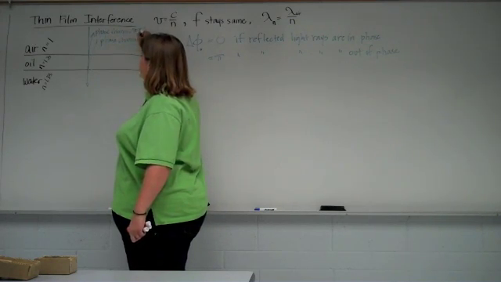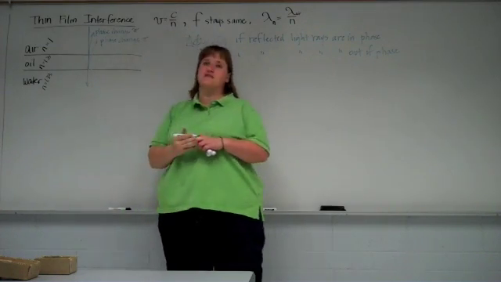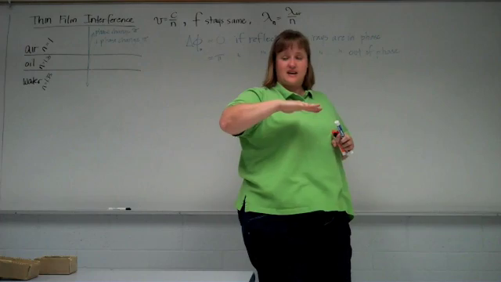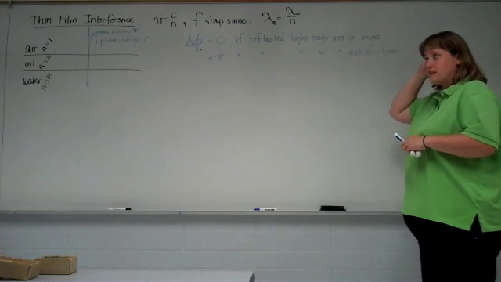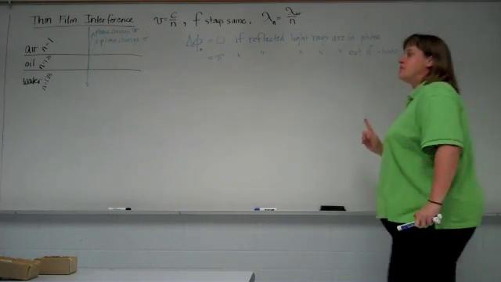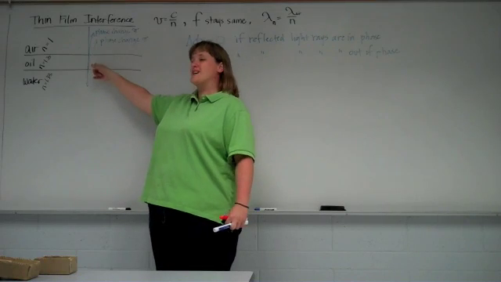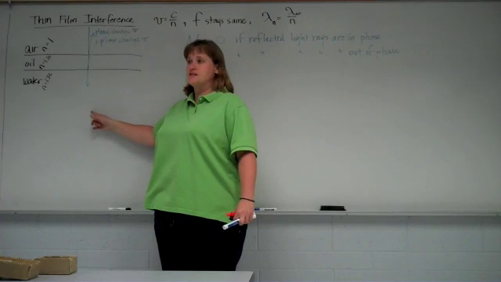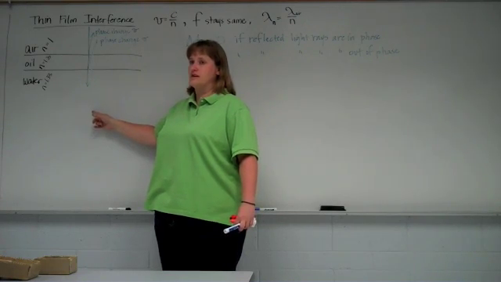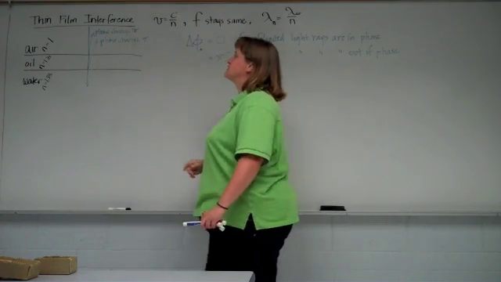So anytime a light ray is reflecting off a surface where the second surface has a higher index of refraction than the one it's in, there will be a phase change. Keep in mind also, though, whatever transmits through, whatever's not reflecting, does not have a phase change. Okay? It's only the reflecting ones.